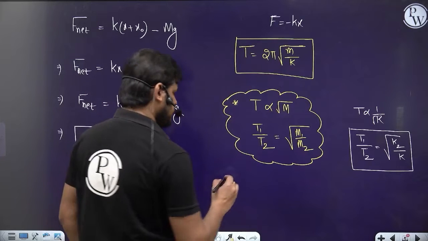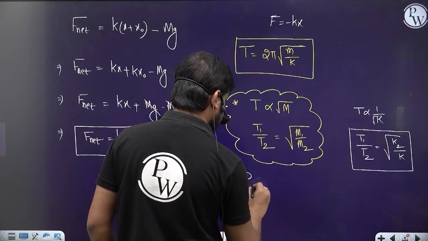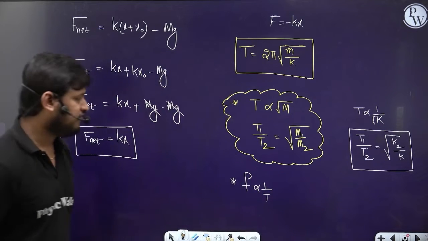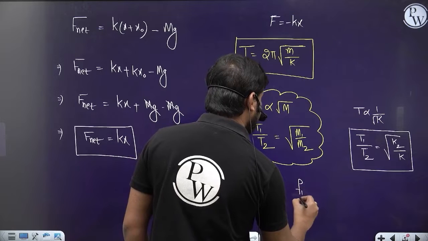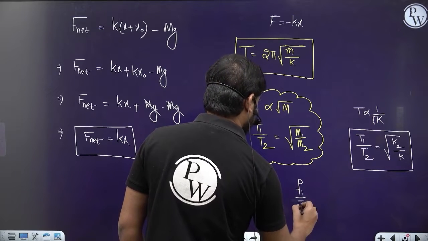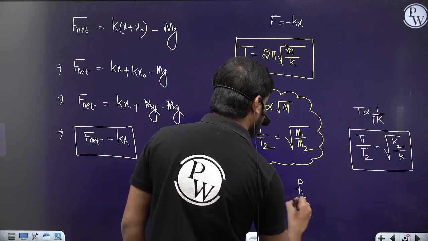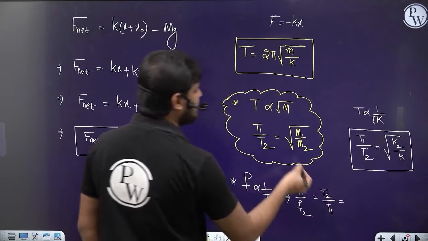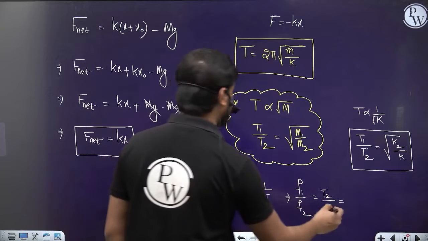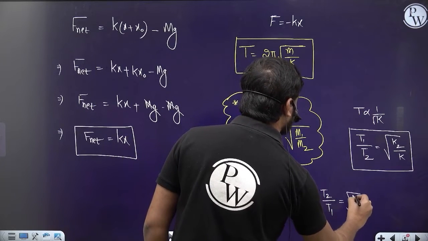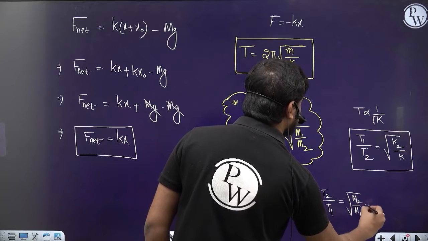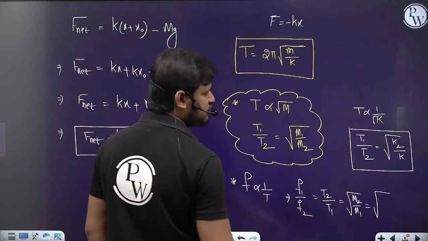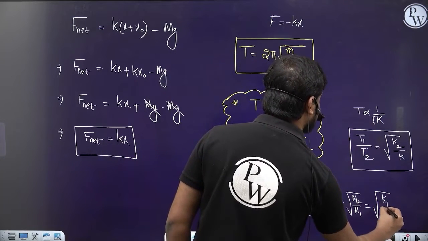And one more thing: the frequency is inversely proportional to the time period. So I can write f1 by f2 is equal to T2 by T1, which is also equal to root over m2 by m1, or, since T is inversely proportional to root k, root over k1 by k2.